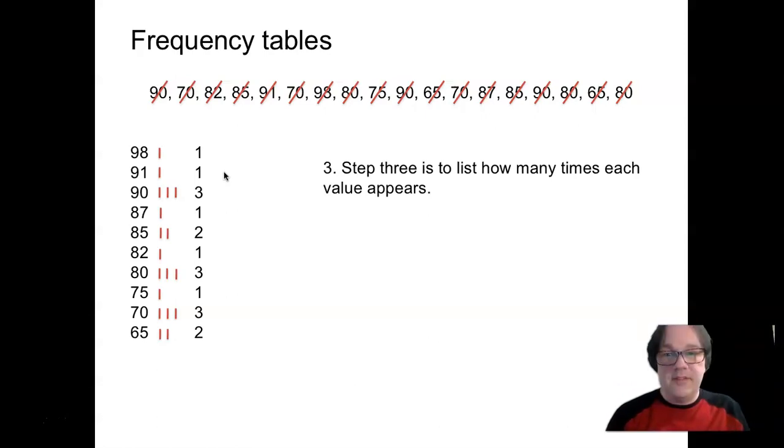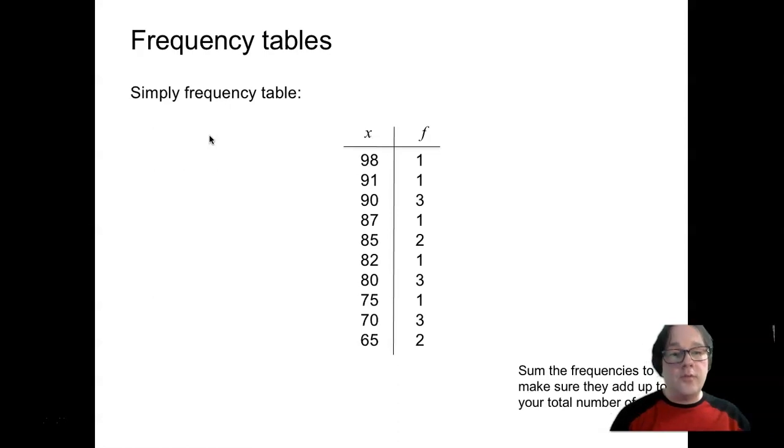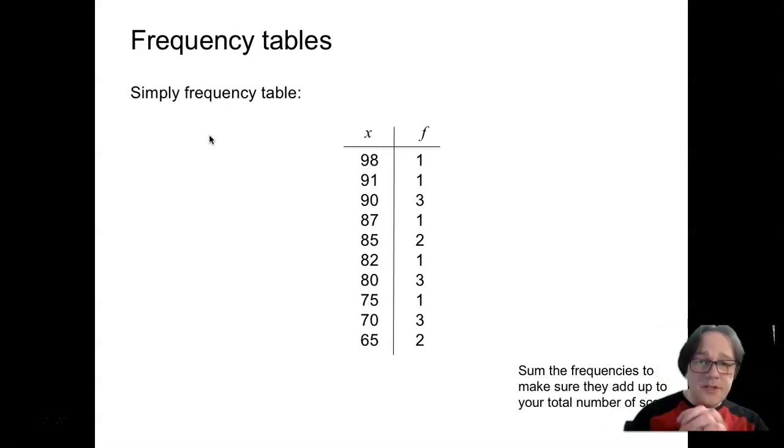This became our X column, our scores. And then this column became our frequency column. All we did is take out the tally marks to make it look nice and keep it simple.